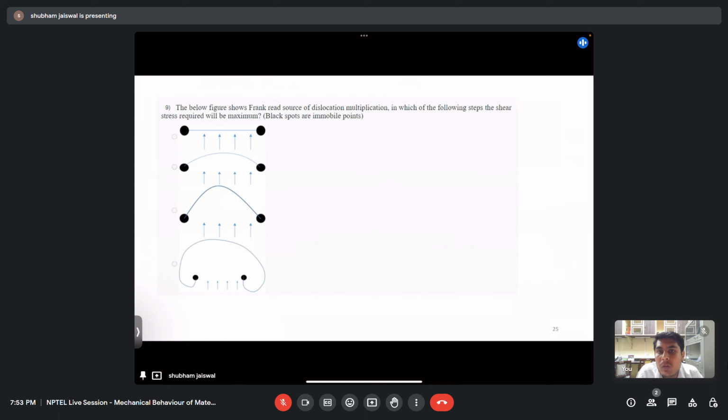So the below figure shows the Frank-Read source of dislocation multiplication, in which of the following steps the shear stress required will be maximum. And the black spots are immobile. So you need to find out which of these following four images will require the maximum stress.